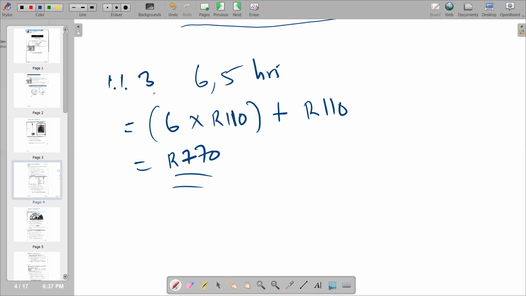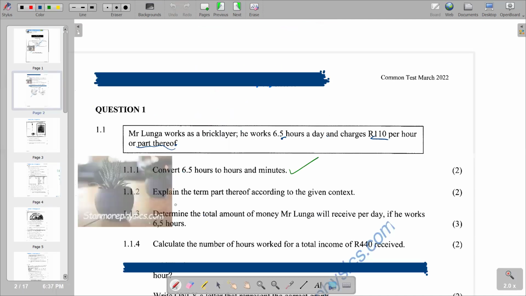We can refer to the next part of the question, which is now going to be 1.1.4. Calculate the number of hours worked for a total income of 440 rand. We have 110 per hour, and we have got a total of 440 rand. So to get to 440, we can say 440 divided by 110, so that we can get the number of hours.